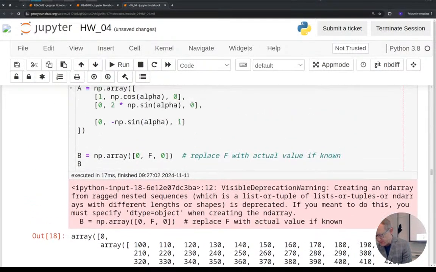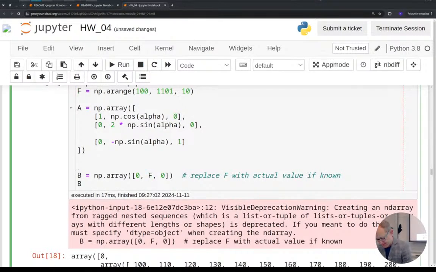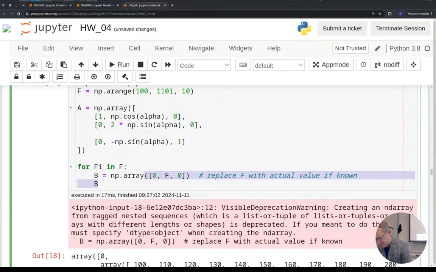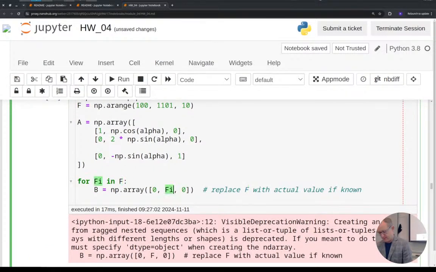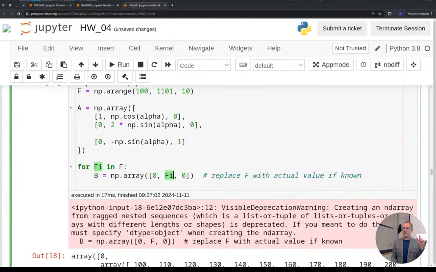In this case, I would probably want to say for fi in f, and then I could say 0, fi, 0. So I'm just grabbing one value of that at a time.